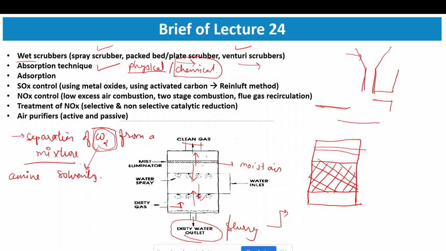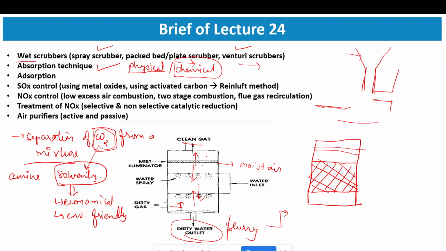Now, to make the process more user friendly and more economical, since the reaction is reversible, you try to regenerate the solvent so that it can be used for more number of cycles. This will turn out to be more economical and more environment friendly.